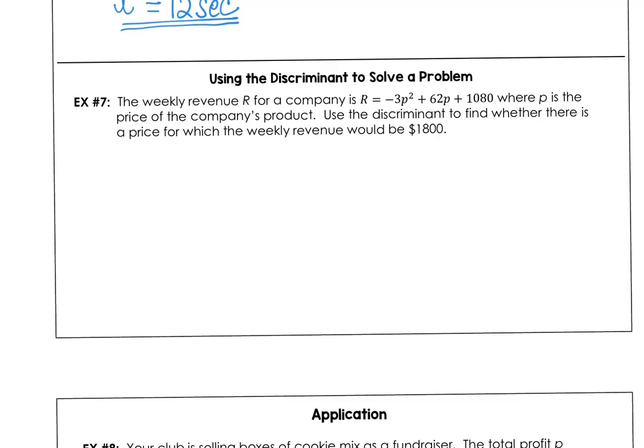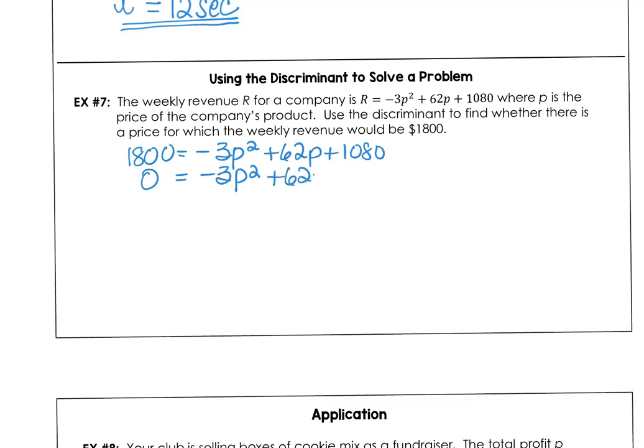So if we had $1,800 is the revenue at negative 3p squared plus 62p plus 1080, and we got that into standard form, then 0 would be here. Negative 3p squared plus 62p minus 720 would be standard form. And we're looking at b squared minus 4ac, so we want to know that value.